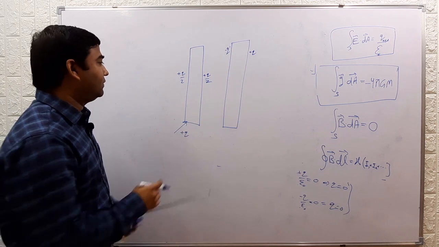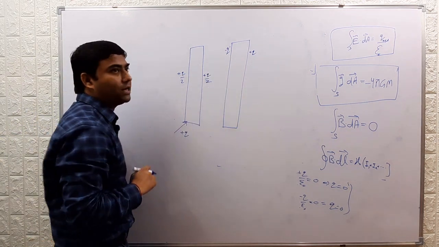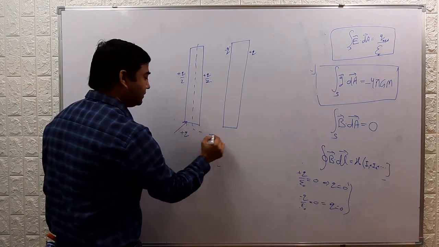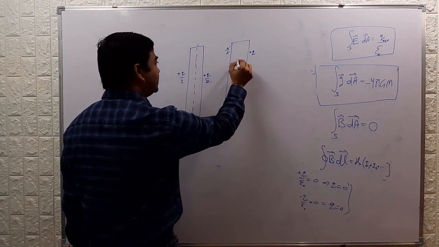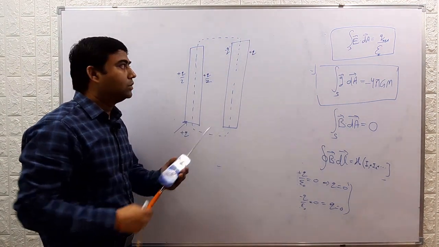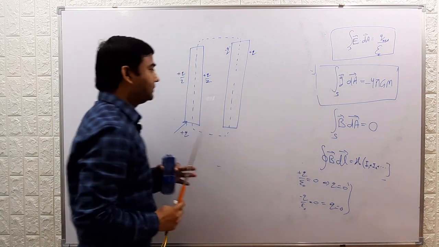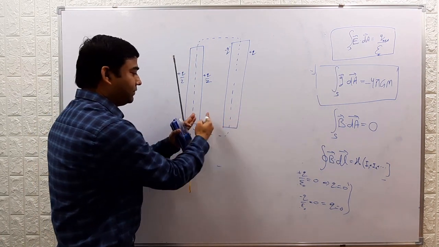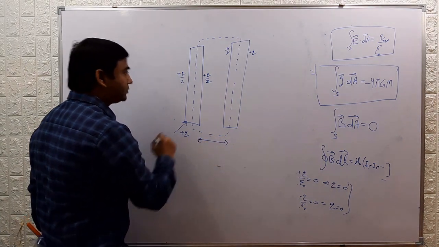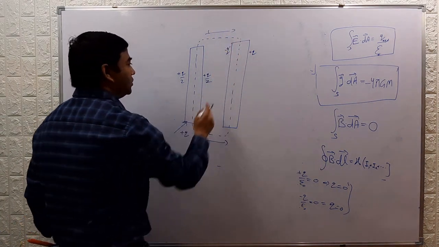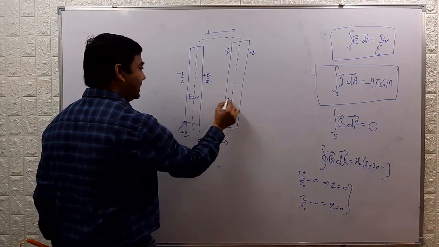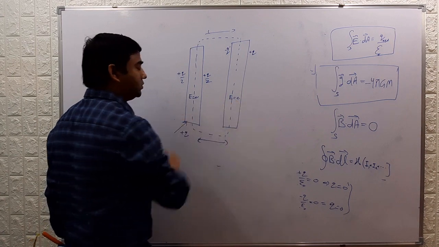So by Gauss's law we will find what will be the value of this charge. Just create a Gaussian surface inside the conductor. We are creating the Gaussian surface inside the conductor because inside the conductor electric field is 0, we know. So we will easily find E dot dA. Let these both sheets be very close to each other, so we will omit this length. So on this Gaussian surface E is 0 here and E will be 0 inside this conductor also.